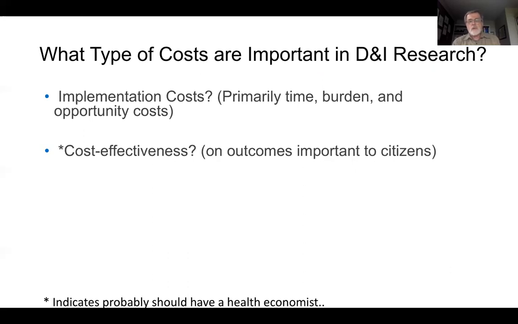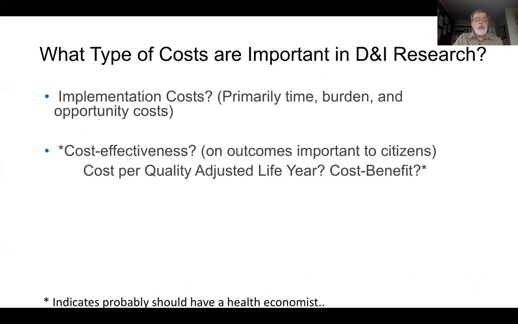Then you turn to cost effectiveness, where you combine the cost with often your primary outcome. So if it's a smoking cessation study, what is the cost per one quit? Or if it's a depression study, what's the cost to lower the depression rate or score by 3 points?